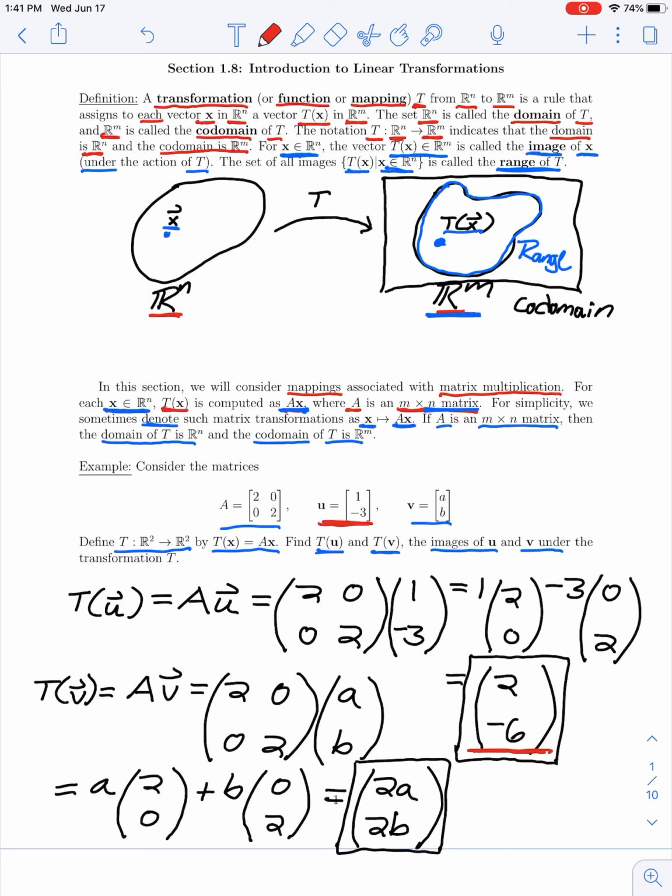And for a general vector whose components are any arbitrary values a and b, the image of that vector was 2a, 2b. Again, we're just multiplying that vector by the scalar 2. So this transformation T is equivalent to scalar multiplication by 2.